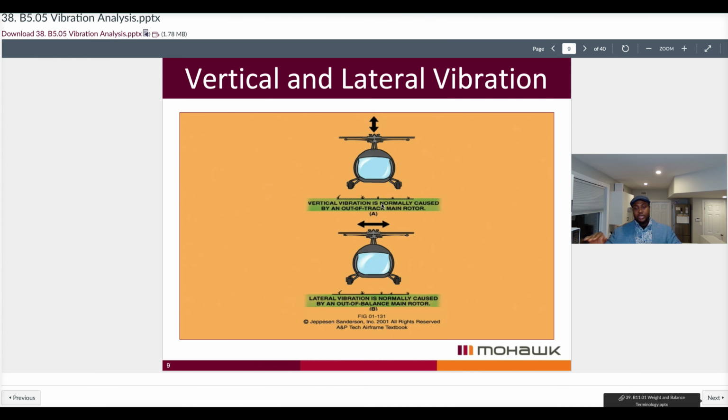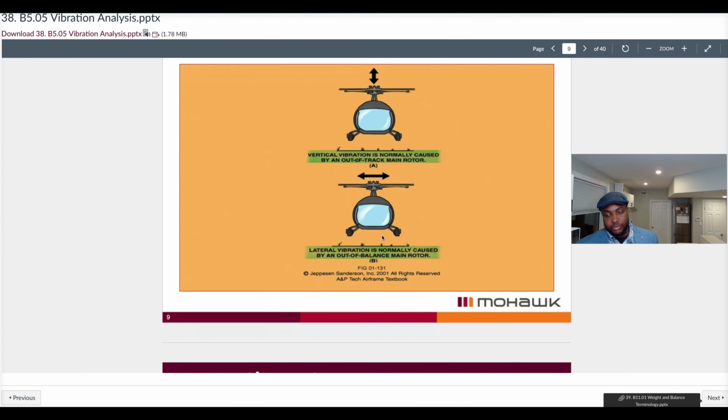So if the tip path plane is here for blade number 1, but blade number 2 is flying at a higher blade path plane, we say that one of those blades is out of track. And lateral vibration comes from an out of balance condition, which simply means that we have an uneven mass distribution, weight distribution, within the helicopter's main rotor system.